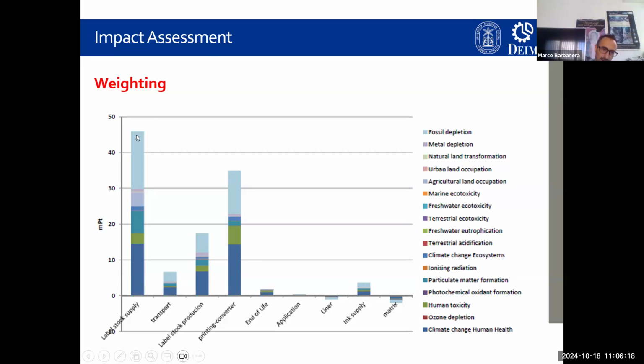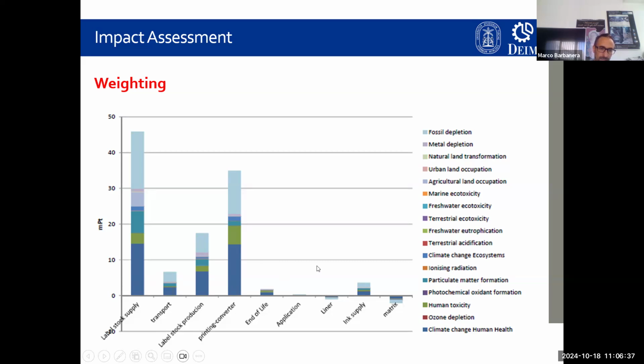These values are expressed in mPt, millipoints. Okay, so point multiplied by 10 raised to minus 3.